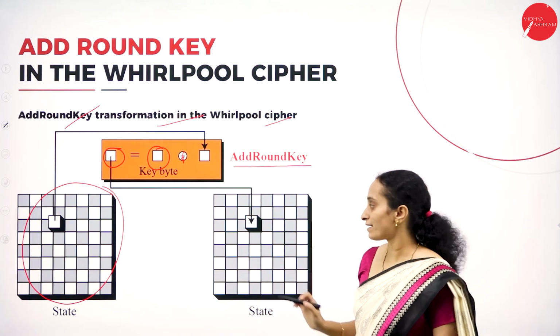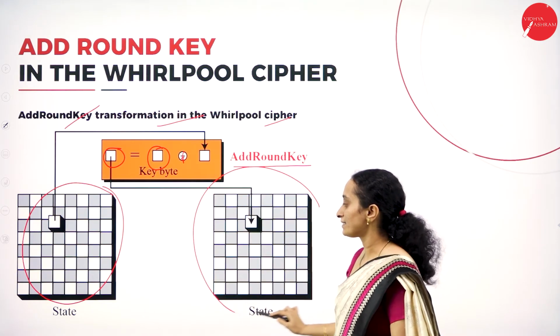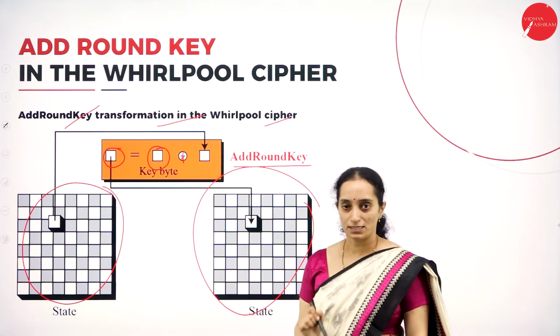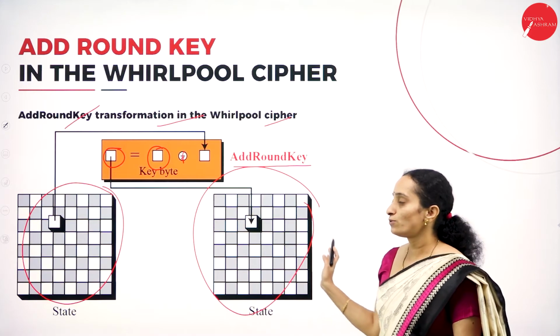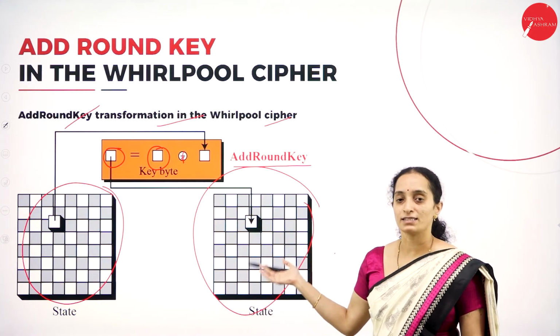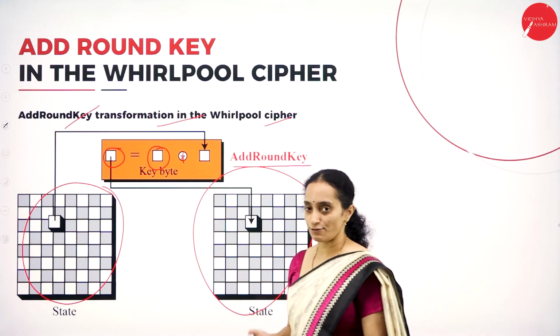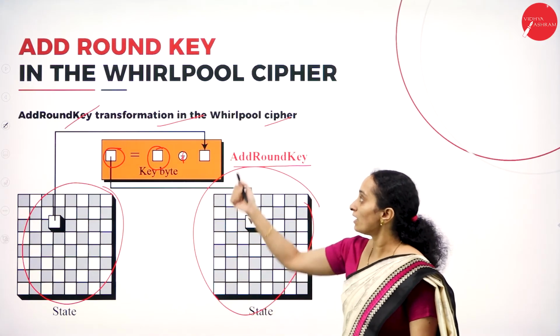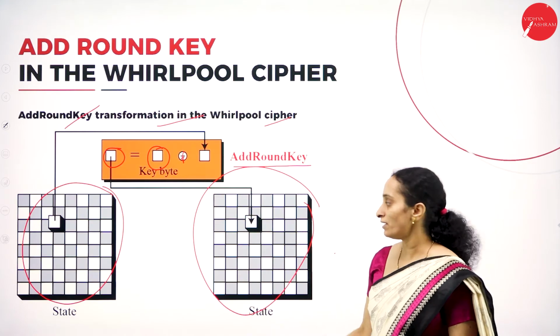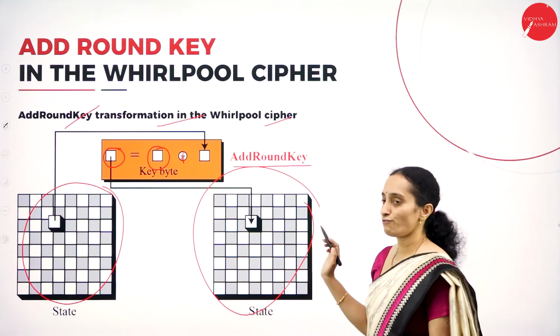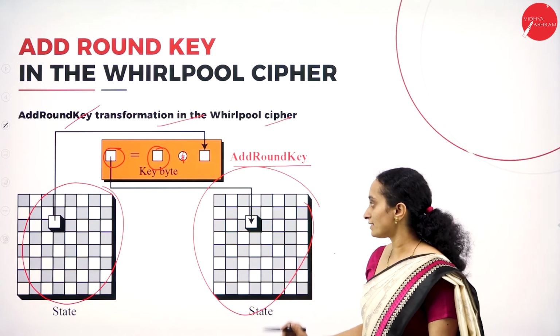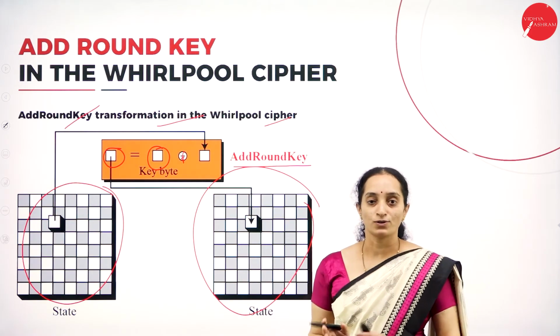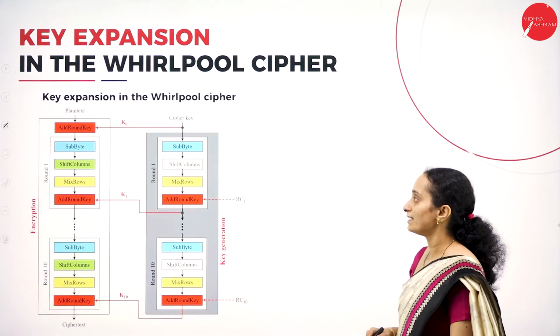We get add round key and again it is transformed to the state. So you can use the same AES method since we use the AES cipher only. So the same steps are repeated even in the Whirlpool cipher. We get these values here as in the state and we are going to get the message digest.